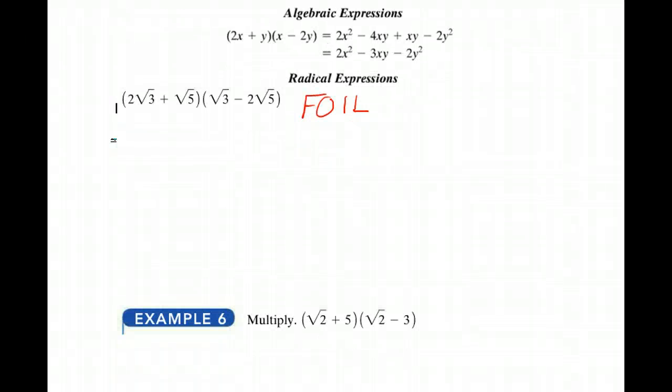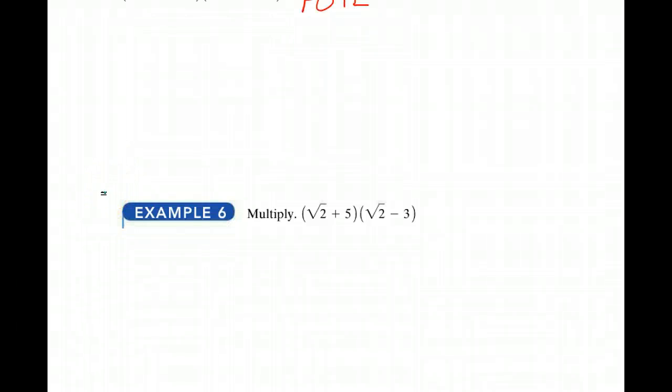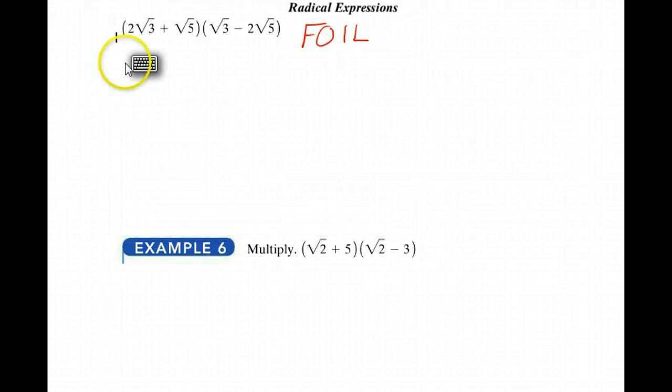Okay, so we're going to do our firsts times our first. We have 2 root 3 times root 3. So 2 root 3 times root 3 is going to give me 2 times 3. That represented my first. Now I'm going to move on to my outers. I have 2 root 3 times negative 2 root 5.